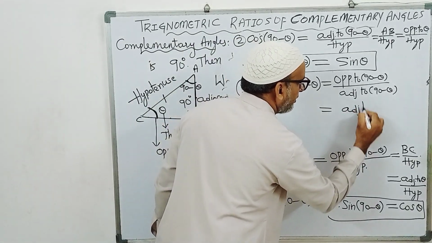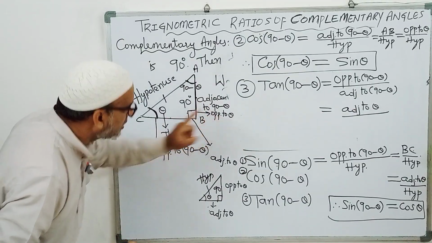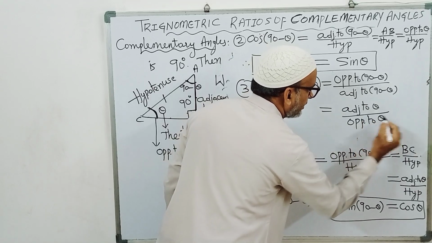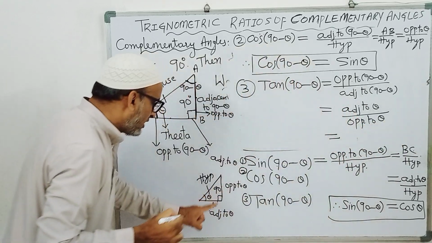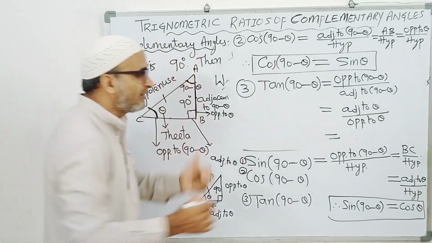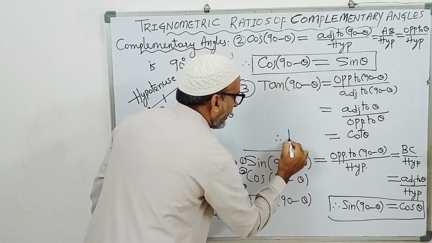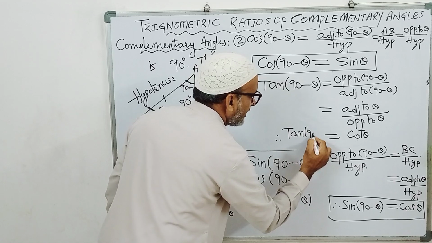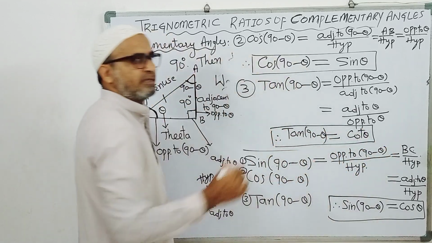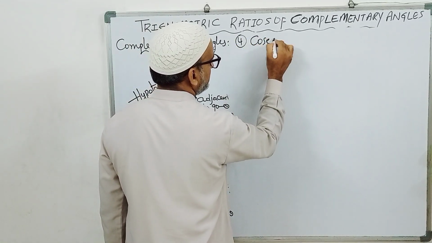Adjacent to 90 minus theta, another name is opposite to theta. Adjacent by opposite means cot theta. Therefore, tan of 90 minus theta's value is cot theta.